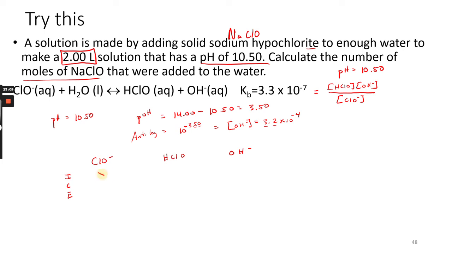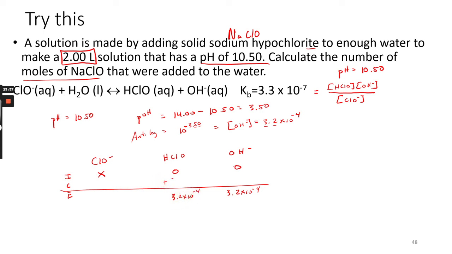So initially, we don't know what we have. That's what we want to solve for. We know we had 0 of each of these. Okay? But what we do know is at equilibrium, we have 3.2 times 10 to the minus 4. And if you look here, these mole ratios are 1 to 1, so the concentration of hydroxide is the same as for this ion here. So we have this.